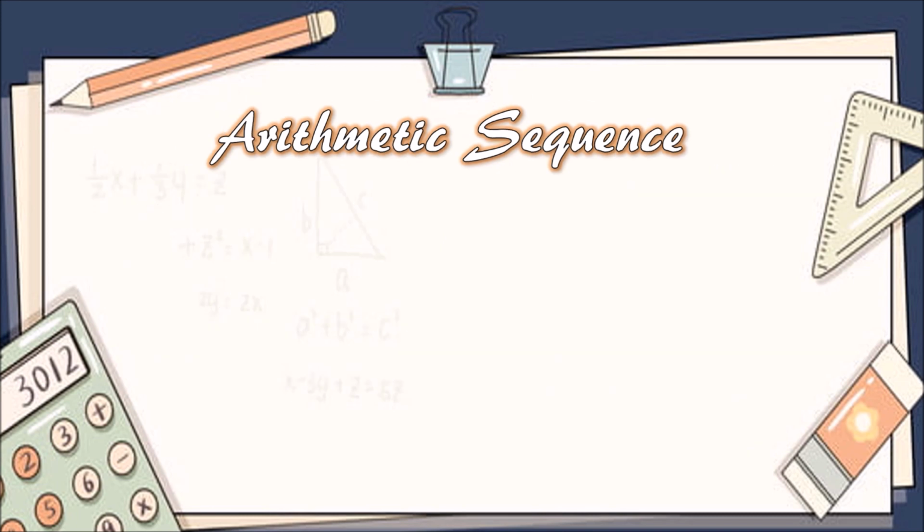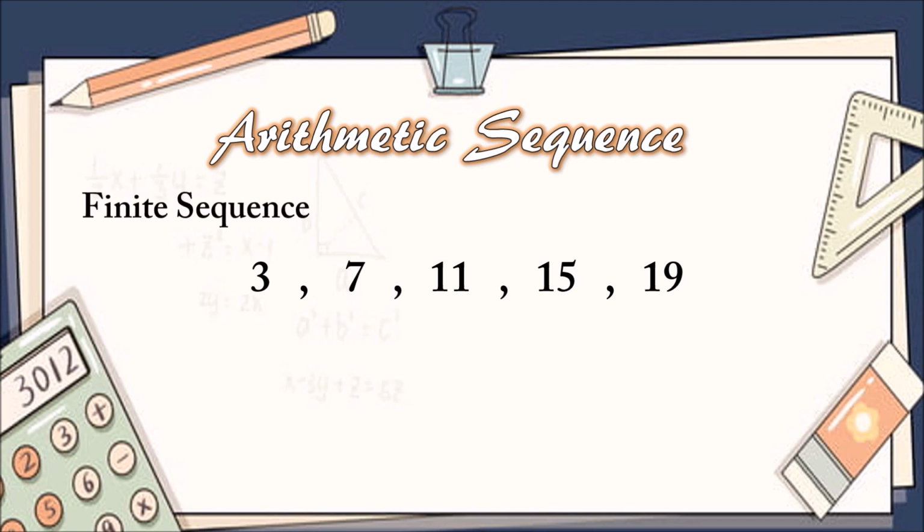We have another example of an arithmetic sequence. We have 3, 7, 11, 15, and 19. What type of sequence is this? Very good. It is a finite sequence because meron tayong 3 as the first term at nagtatapos naman ito sa last term na 19.